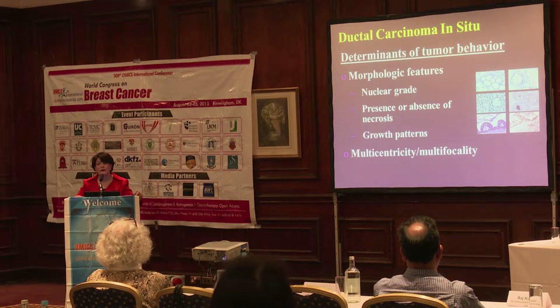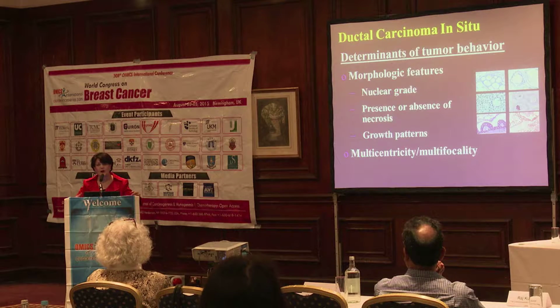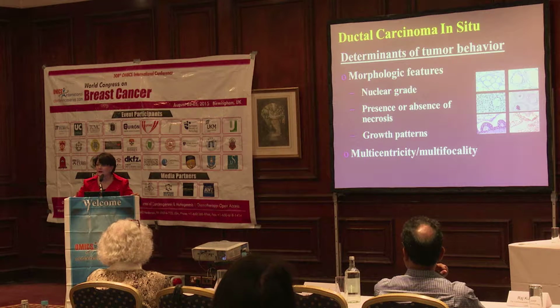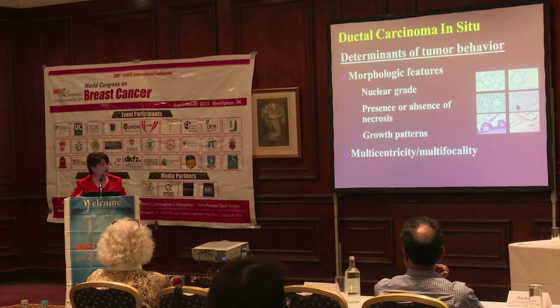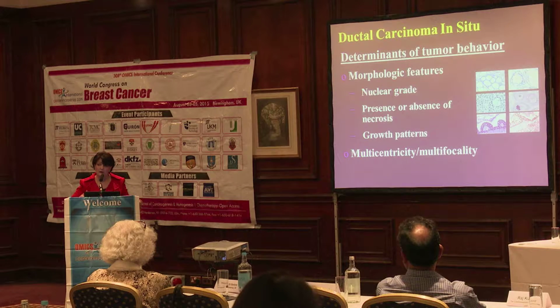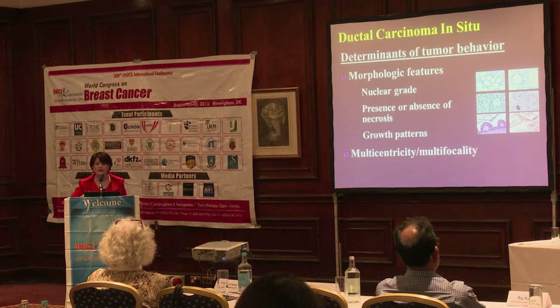For example, a low-grade ductal carcinoma in situ of cribriform type is very different from an intermediate or high-grade ductal carcinoma in situ. The micropapillary variant of ductal carcinoma in situ is associated with multicentric, multifocal disease, and has a tendency to have lymph node metastasis very early on.